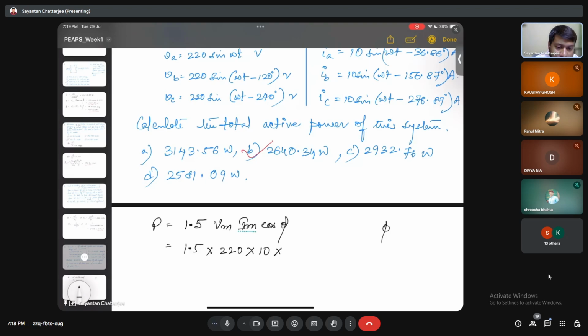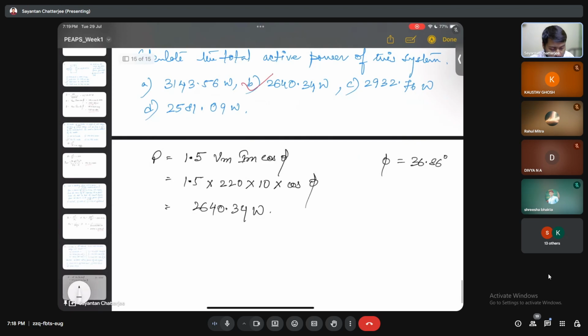So what will be phi? 36.86. So just plug the values and get the answer, which is 2640.34. This is the correct answer.